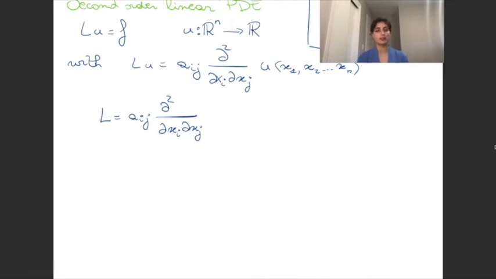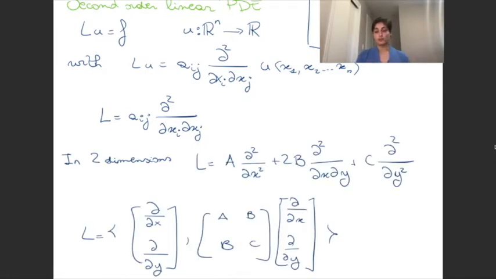We are again using the Einstein convention, summing through every repeated index. In this case, we have i and j being repeated. So we are representing our linear operator L in this form as a finite sum over i and j of a_ij delta squared over delta xi delta xj.